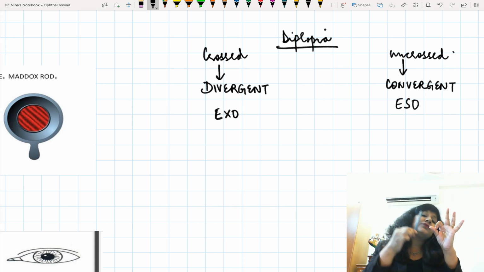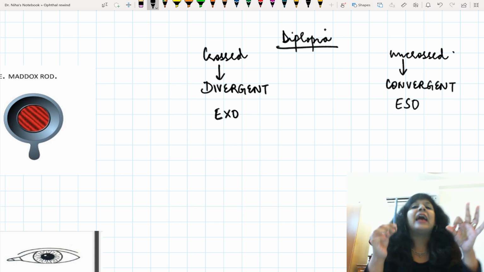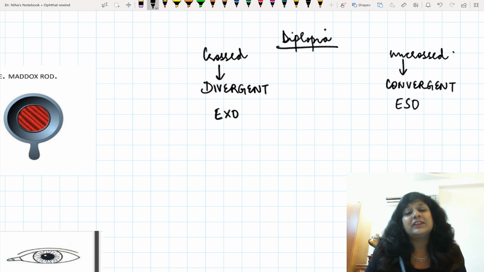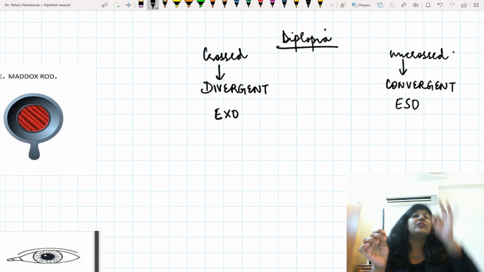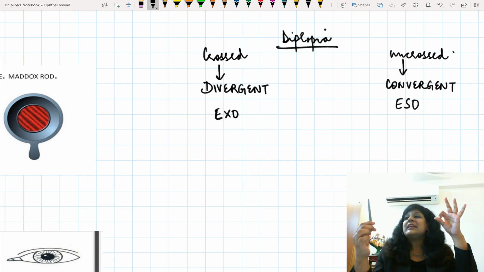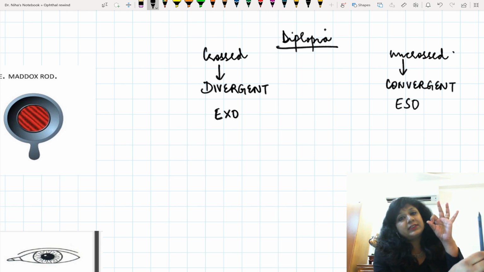Now because it is falling at an extrafoveal point, there is no simultaneous perception, therefore no fusion, and the person will start seeing a dot and a line. The patient will tell you which eye he is seeing a line with and which eye he is seeing a light reflex with, and what is the relationship between the two, whether he is seeing the false image on the same side or on the opposite side of the deviation.